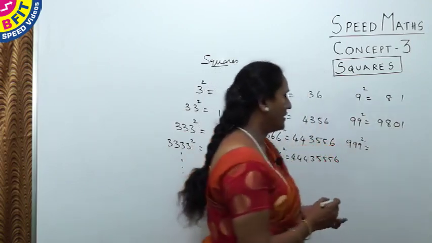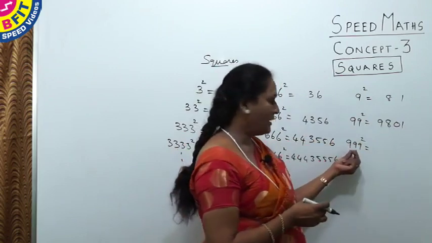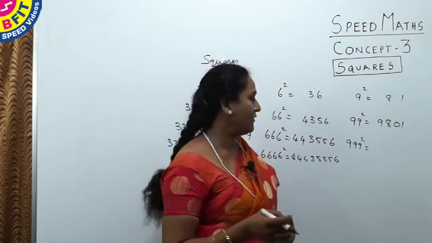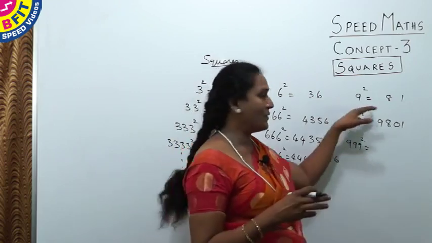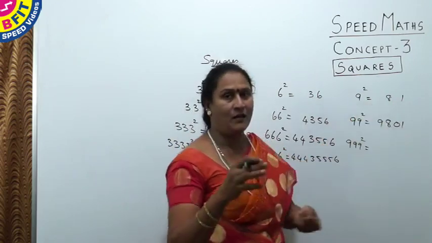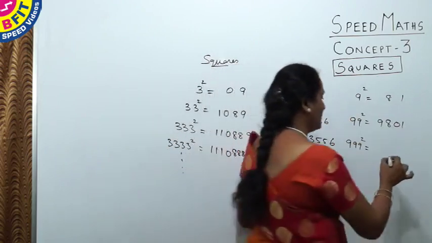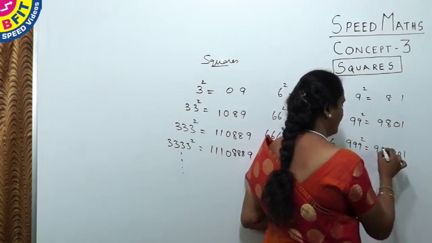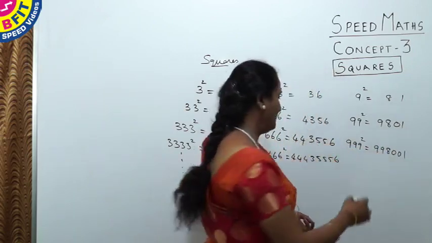Mostly in working or simplification, you will have this type of squares of 999 and so on. So instead of multiplying, you can remember the square of 9 and from that write the answer. In between this 8 and 1, as you have three 9s, there will be two 9s and two zeros.